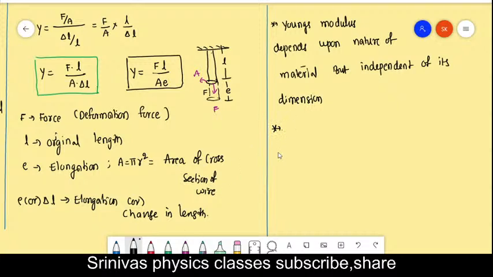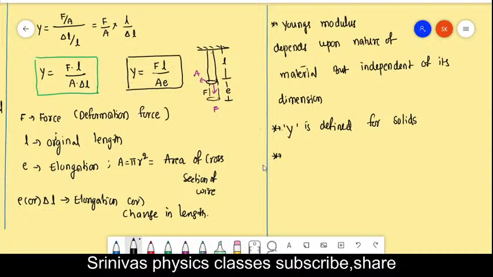What is the need to define Young's modulus? Young's modulus is defined for solids only, because change in length occurs for solids only.